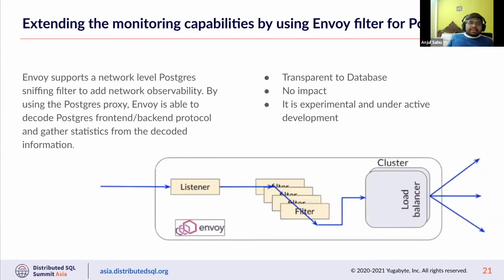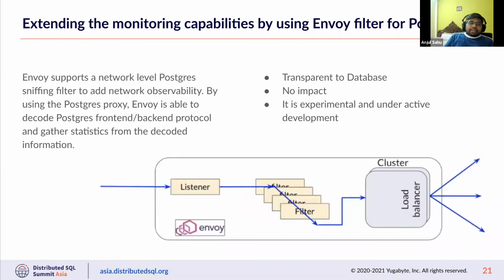Now the next thing is how you extend the monitoring capabilities of this database by using Envoy filters. Envoy recently created filters for Postgres, and there are various other filters on top of the network. Here we will discuss Postgres, which is relevant to the Yugabyte database.